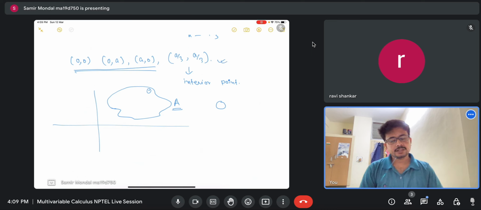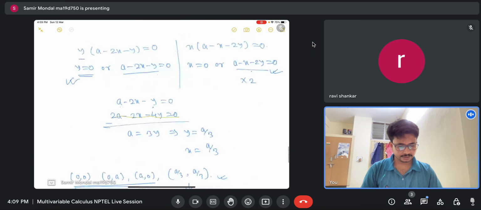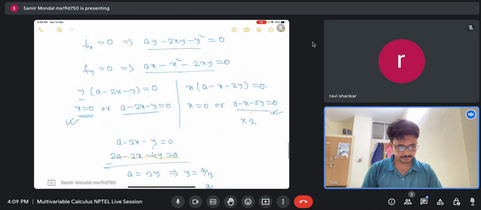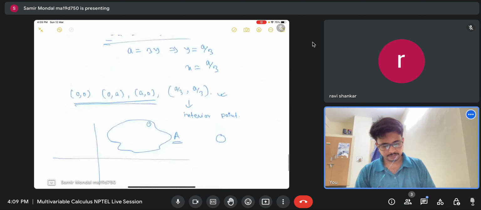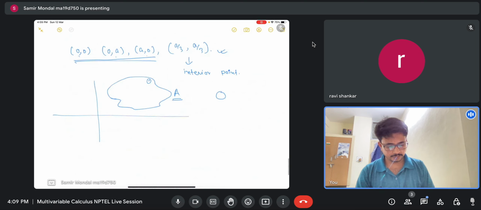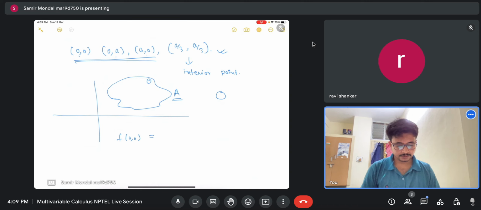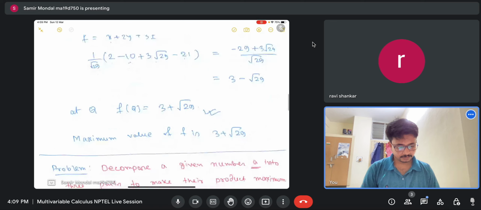Now you can go for the Hessian or all those things. You can check at this point f of 0, 0. What will you get? If x y is 0, we will get 0, no?